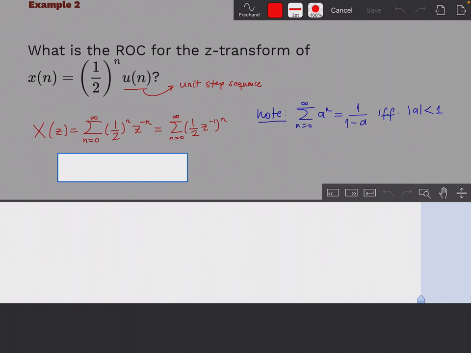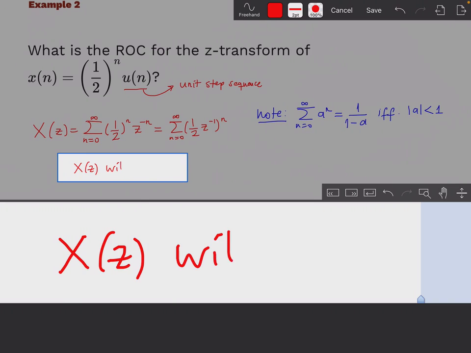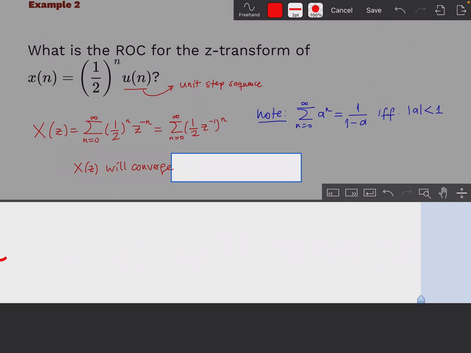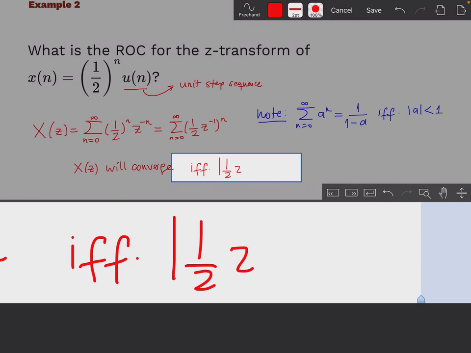So X of z will converge if and only if the absolute value of (1/2) z to the power minus 1 is less than 1.